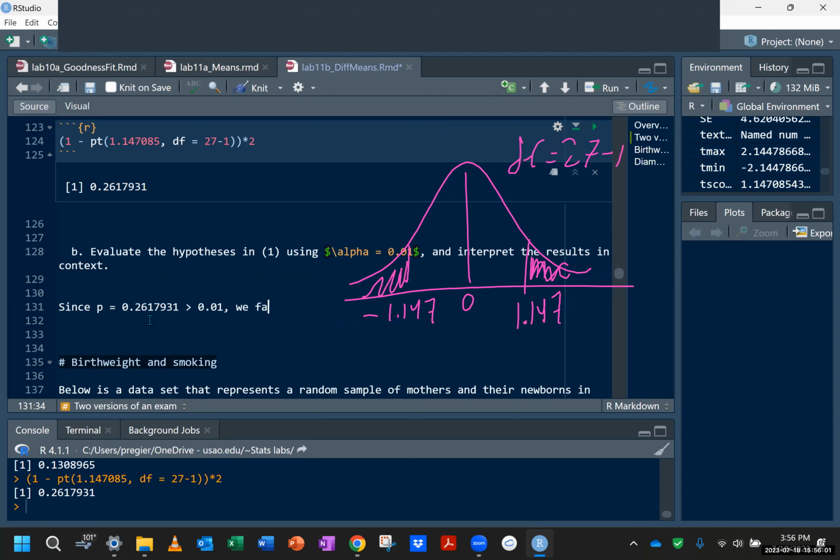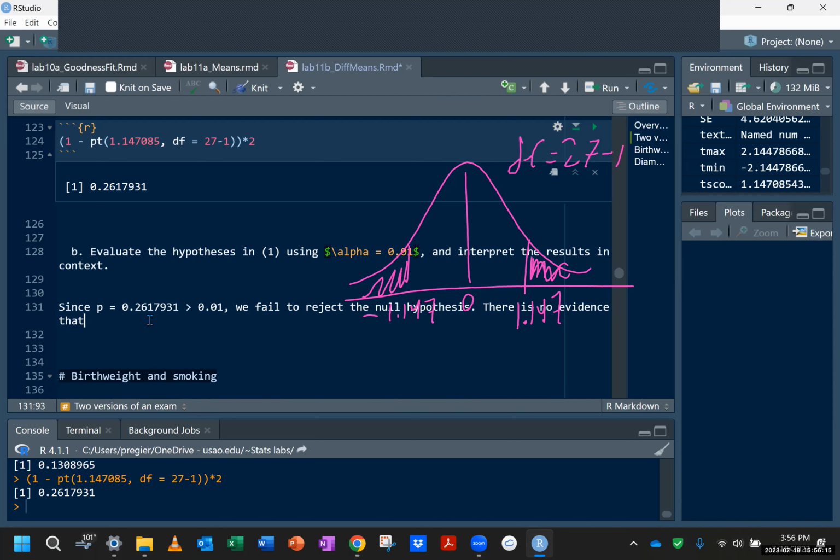So we say we fail to reject the null hypothesis. There is no evidence for the alternative, which states that the tests are different. So we came to the same conclusion as before.